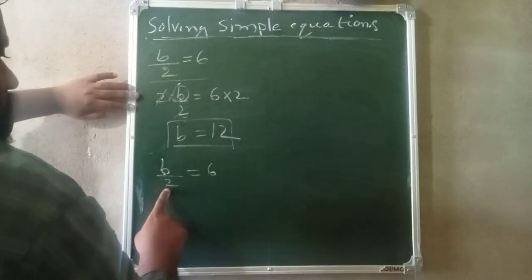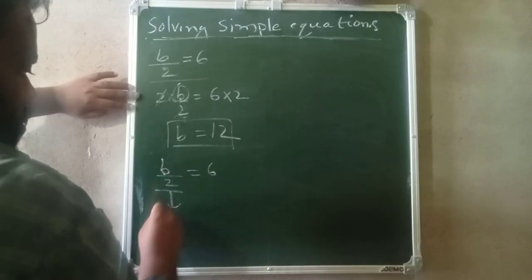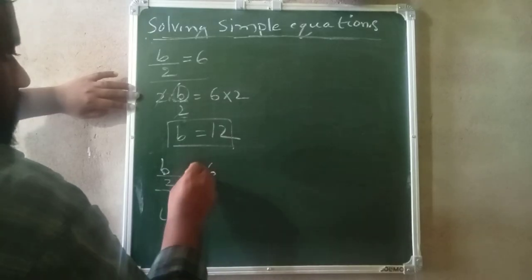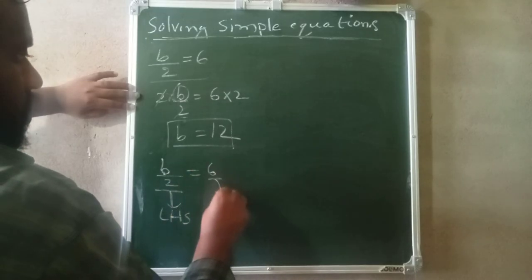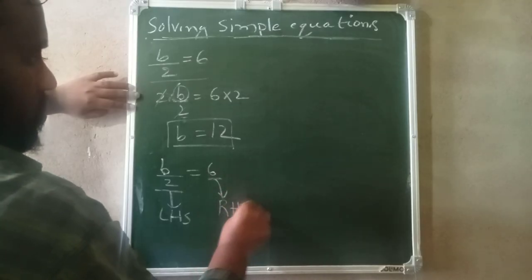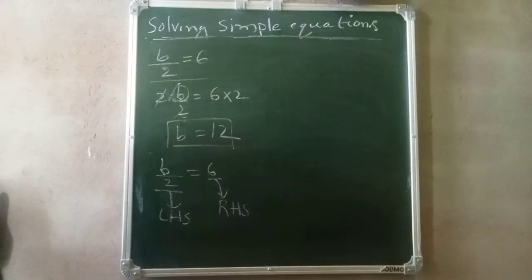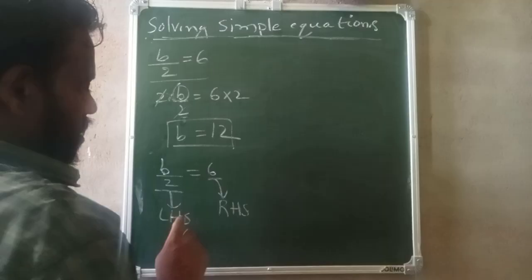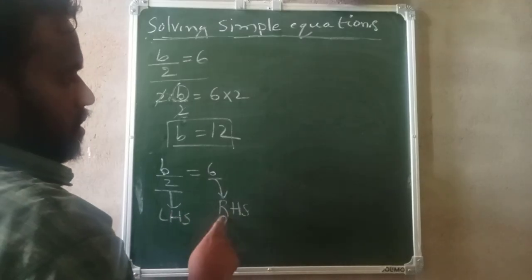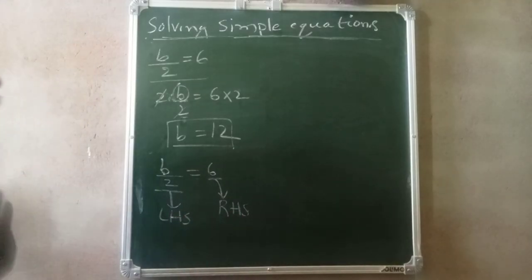Before the equal sign, whatever is there, that is LHS. After this equal sign, whatever is there, that is RHS. LHS means left hand side, RHS means right hand side.